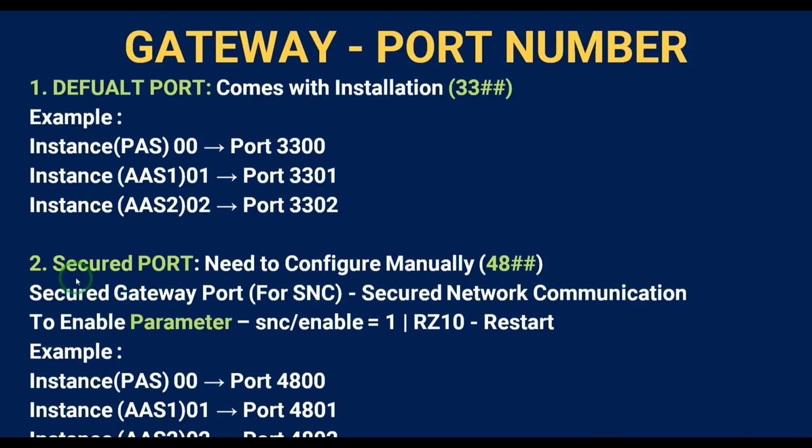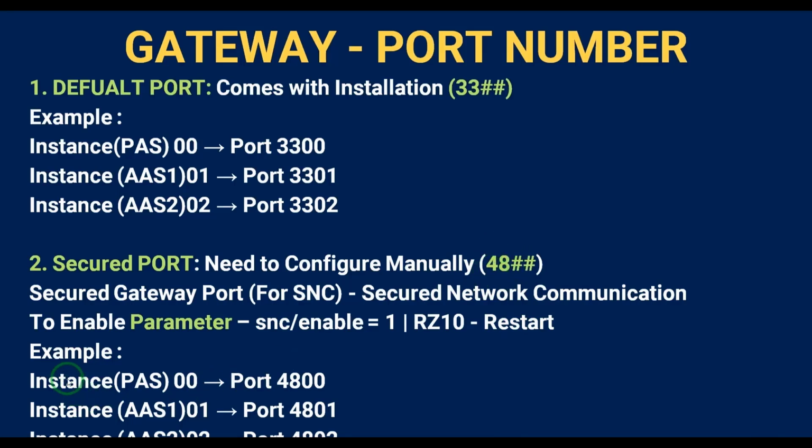To enable this secure port number, we need to set the parameter snc/enable equal to 1. Once you change this parameter value to 1, we need to restart the system, and only then will it be reflected, and we can configure the secure port number as 48.